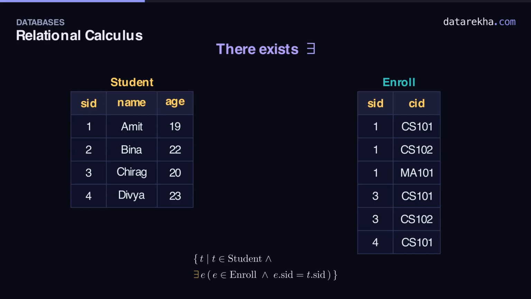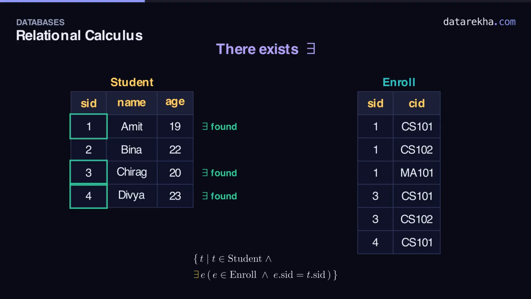The set of students T for whom there exists an enroll row E whose SID equals T's. At least one enrollment row points back at this student. Now existential search goes to work, student by student, hunting for one matching enroll row. Amit, SID 1: several rows point at him, and one is enough.